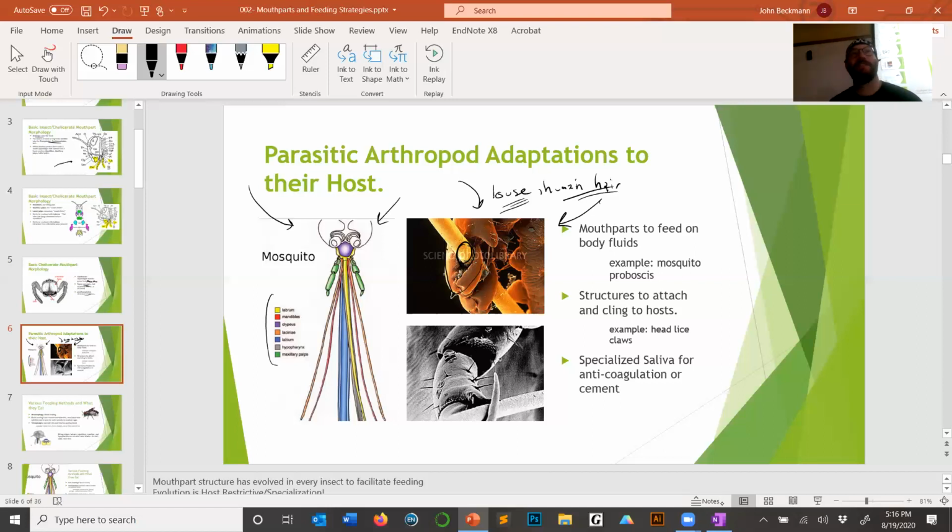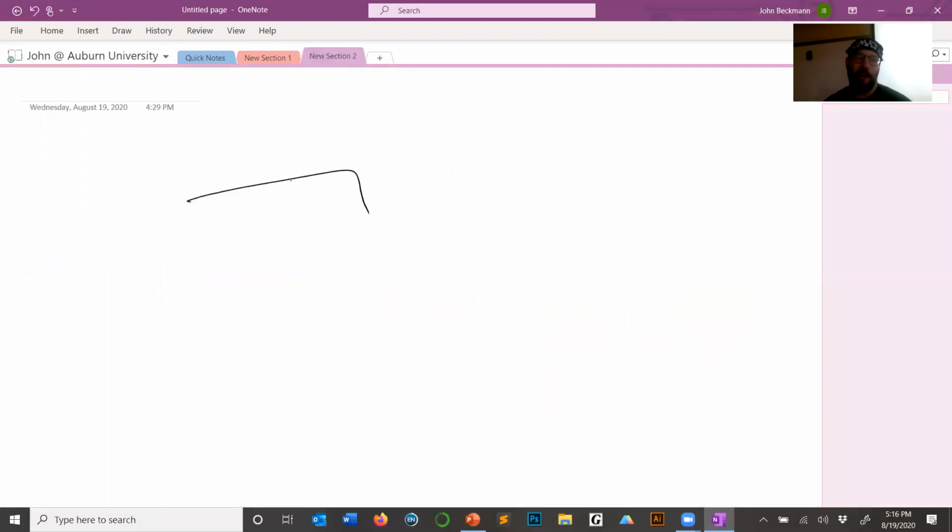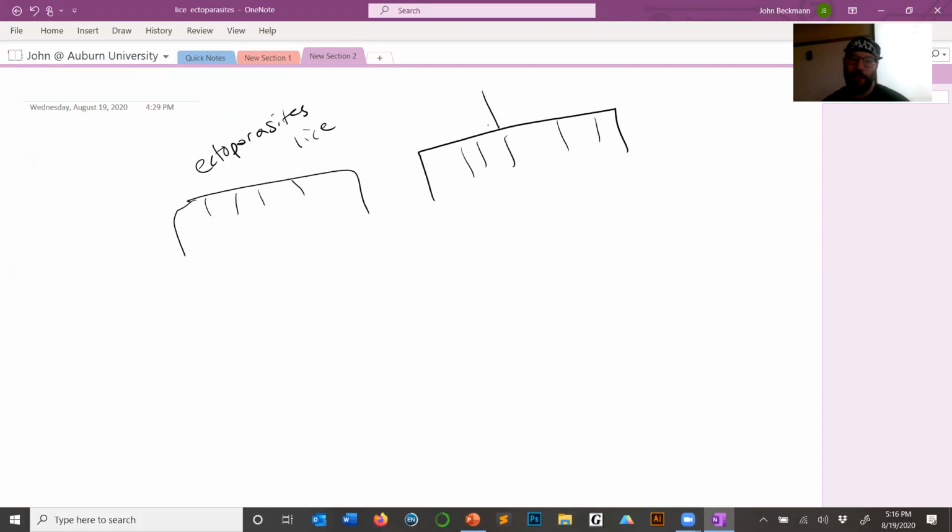It would be unlikely that you would be infected with a bird louse, because they're not evolved to be on your body. And if you look at the evolutionary trees of ectoparasites, like lice, things that are parasites on your body, those trees actually match the evolutionary trees of the mammals they're on.